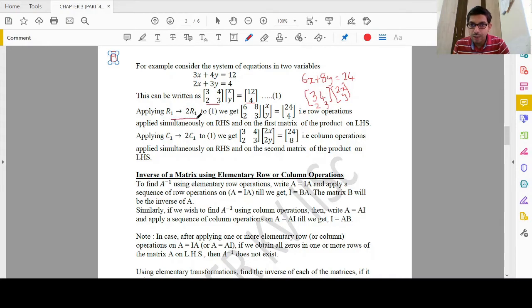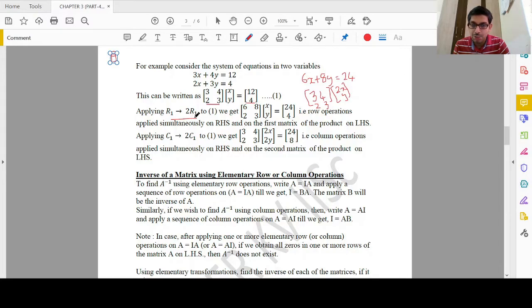Now suppose we apply this R1 changes to 2R1 to the second matrix of the product, that is, instead of changing the rows of the first matrix, we change the rows of the second matrix.